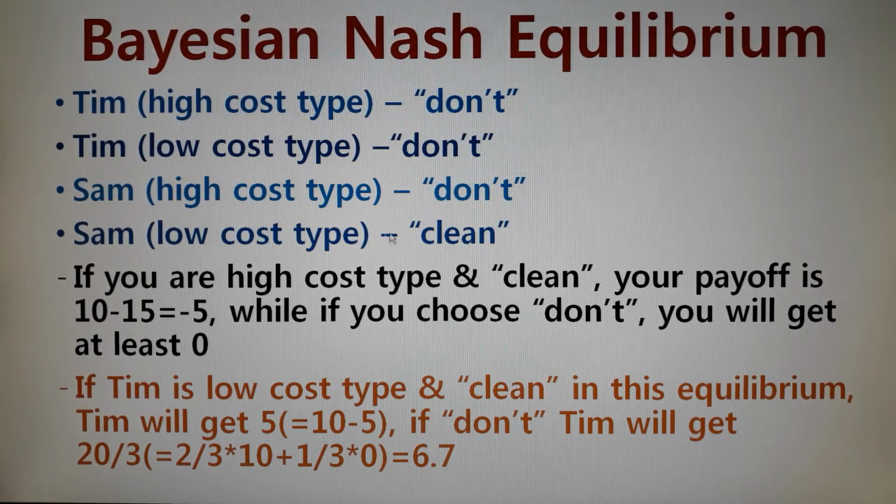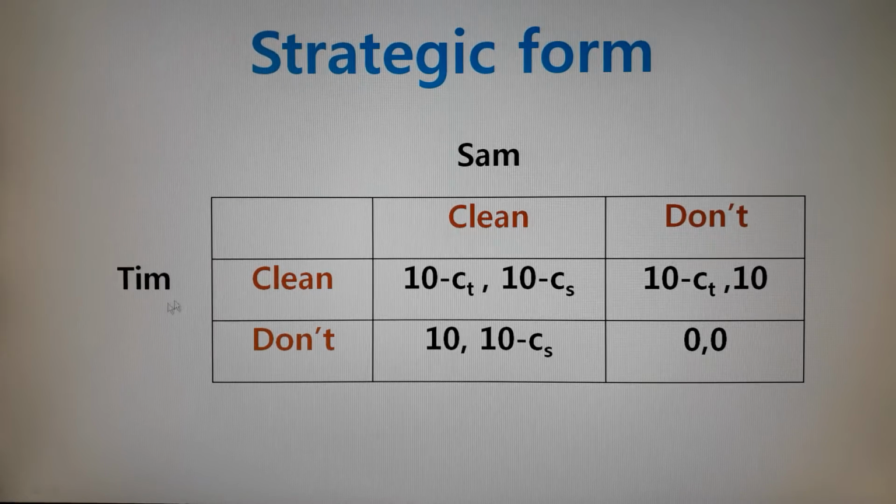If Sam is high cost, with probability 1/3, and Tim is not cleaning it, Sam is not going to clean it. So it's going to be here. So for Tim, we know that Sam low cost will clean it. So Sam will clean with probability 2/3. Sam wouldn't clean it means Sam is high cost, with probability 1/3.